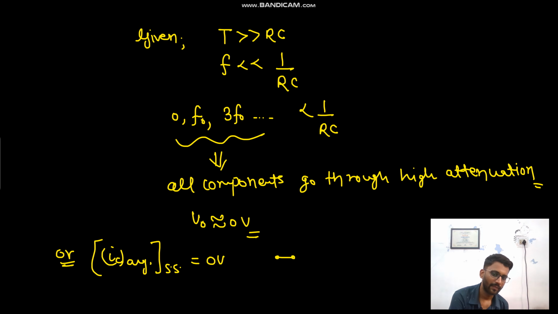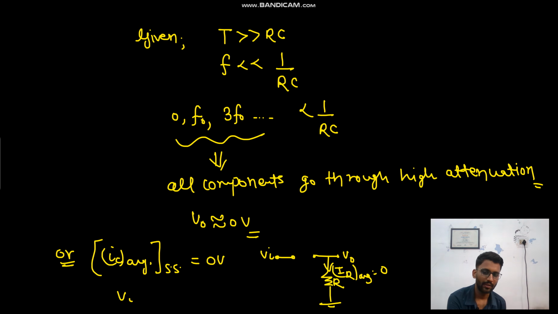So this will be the condition, R, V naught, and here V in. Whatever the value of V in, the current IR average will also be 0.